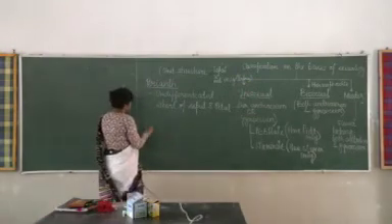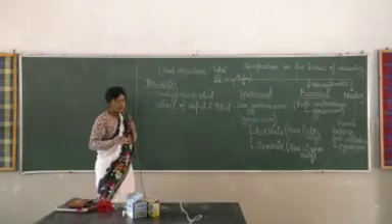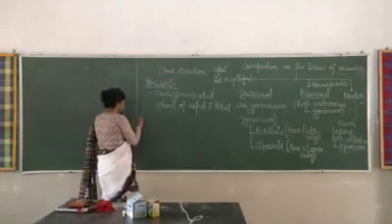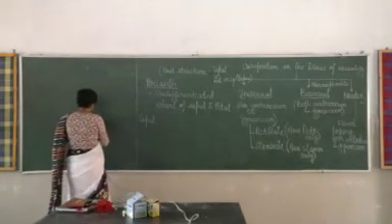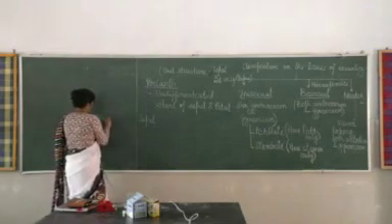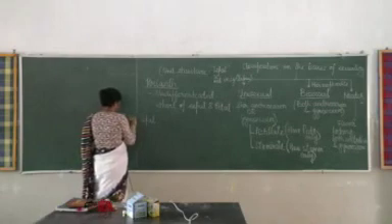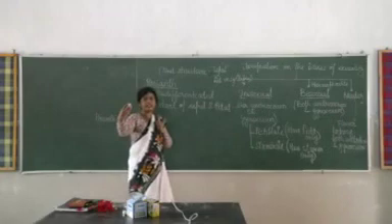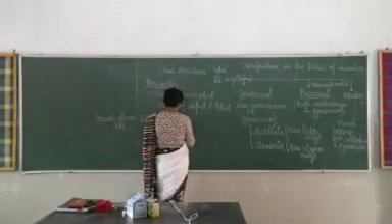In some, the undifferentiated perianth, that is one undifferentiated sepal and petal, appears like sepals. That means they are green leaf-like. Is it clear? So we call them as sepaloids.